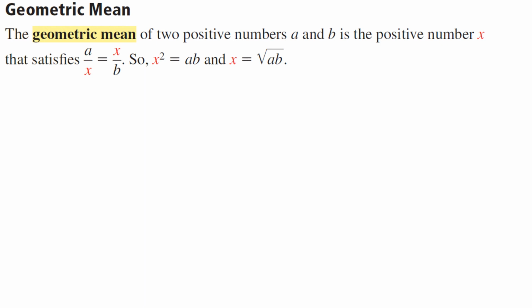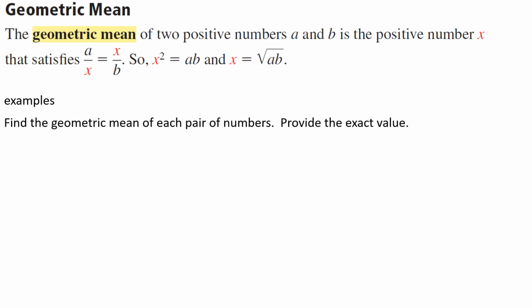Geometric mean, instead of adding 2 numbers, we multiply the 2 numbers. But then after multiplying, we take the square root. So it's still a 2-step process, but instead of adding and then dividing, we multiply and then take the square root.